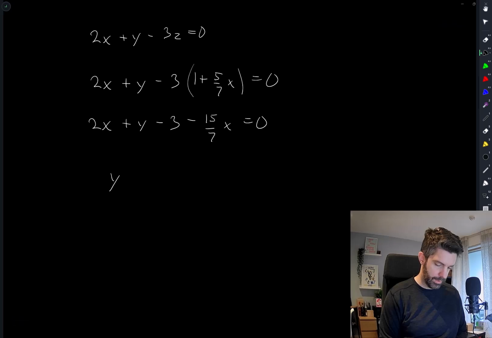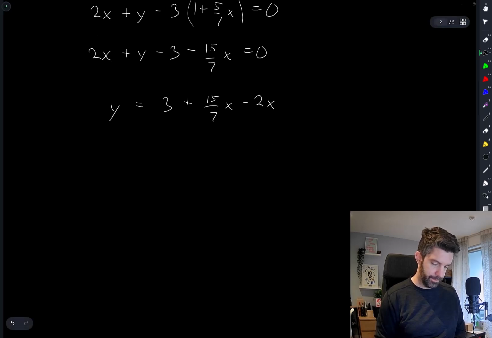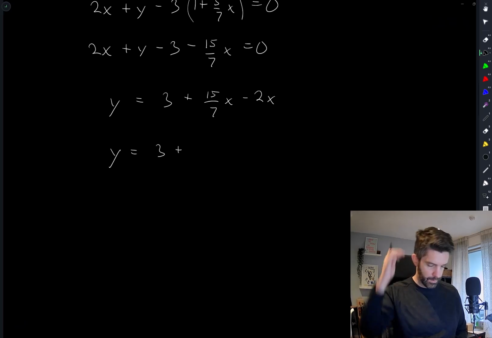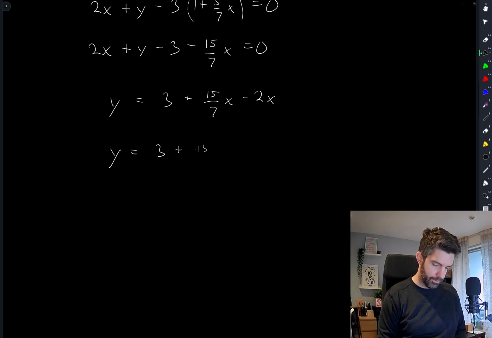So y is equal to 3 plus 15 over 7 x minus 2x, which is 3 plus 15 over 7 x minus 14 over 7 x. So y is equal to 3 plus 1 over 7 x.